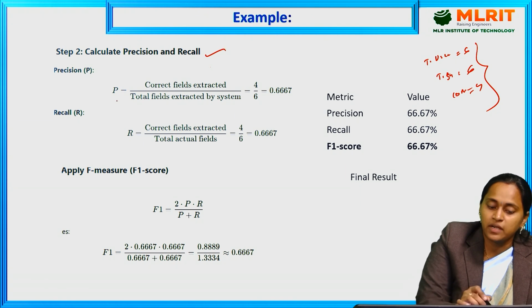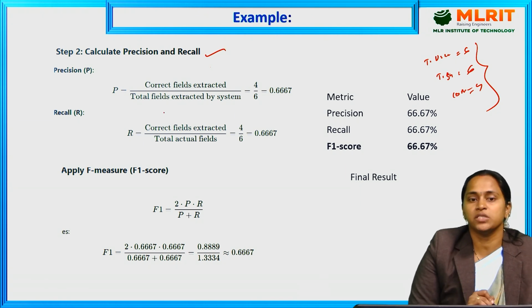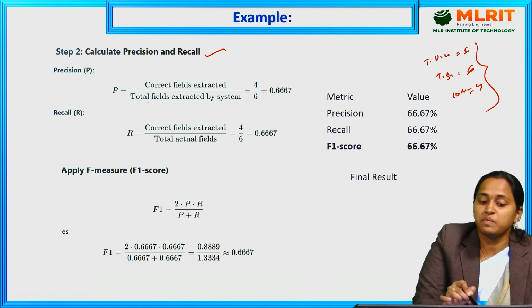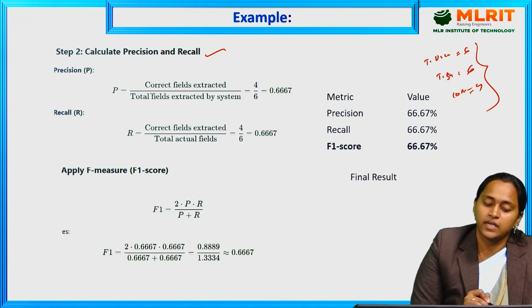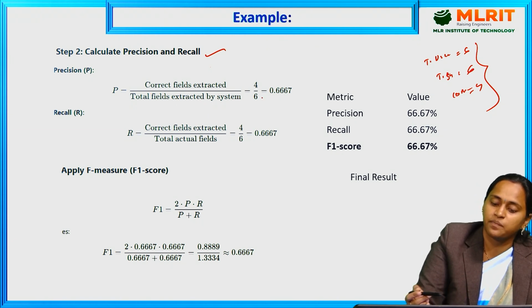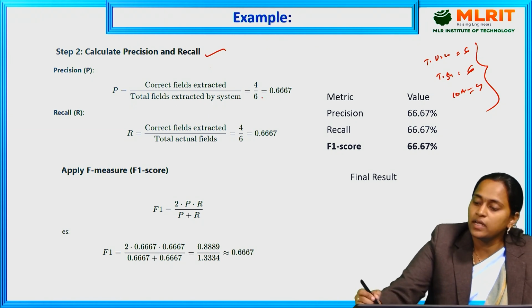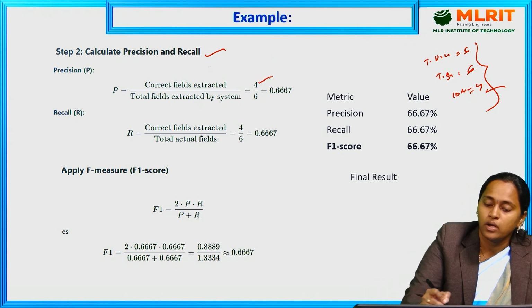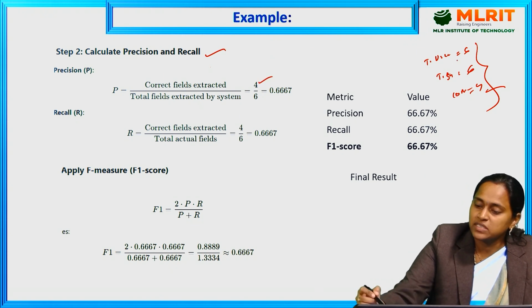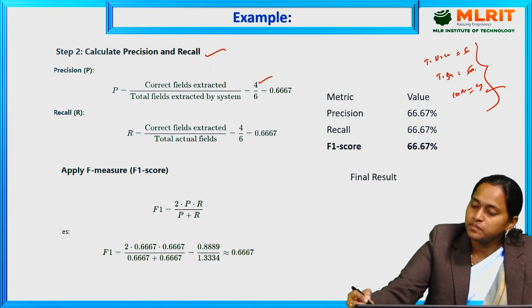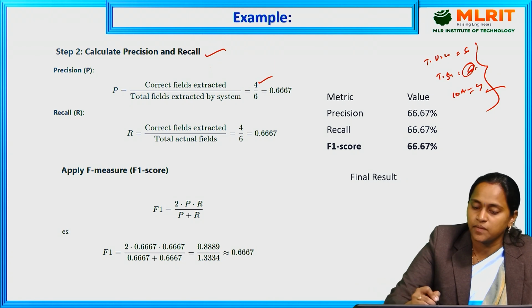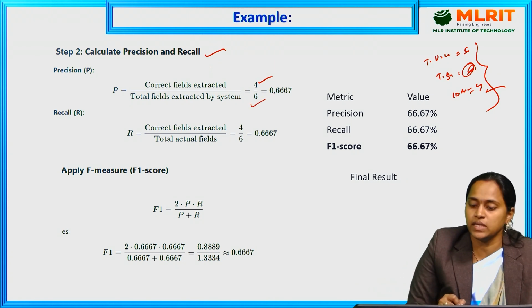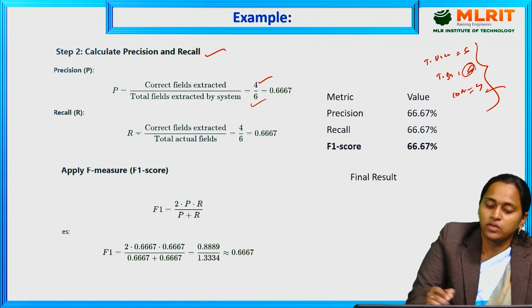What is the formula for precision? The number of correct fields extracted divided by the total fields extracted by the system. The correct fields are 4, and the total extracted by the system is 6. That is 0.667.